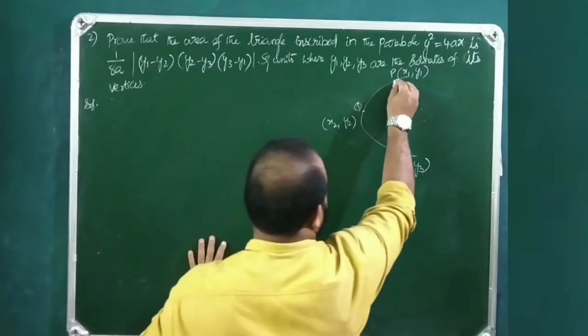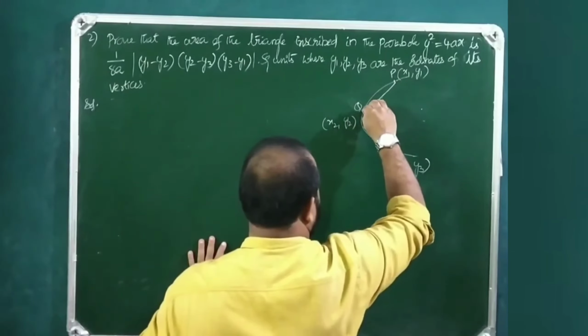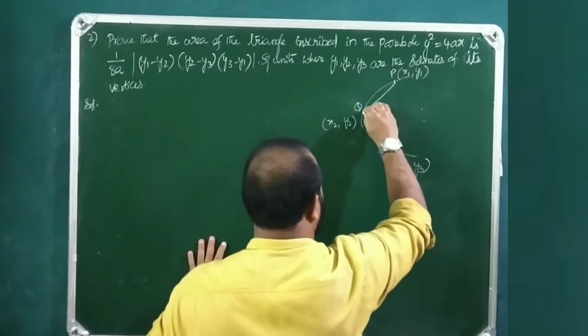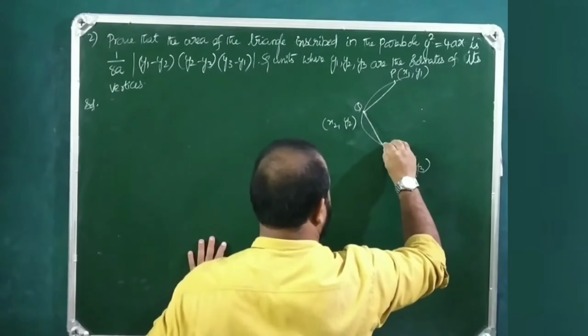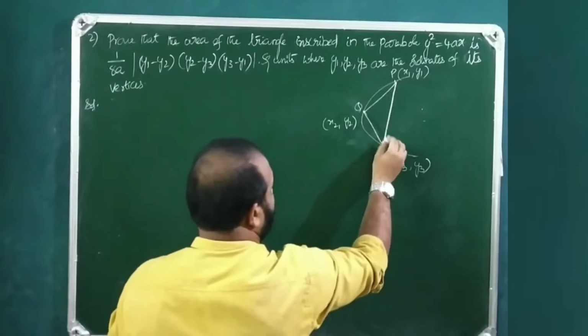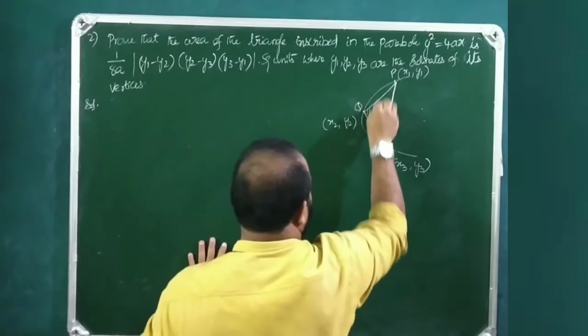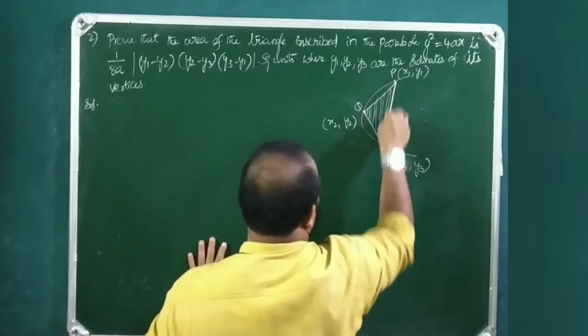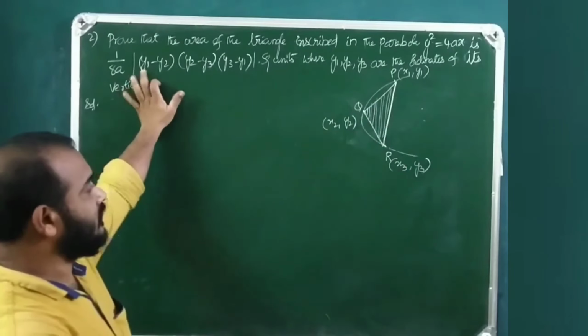With these 3 points a triangle is formed, and if I join them, we need to prove the area of the triangle to be this.